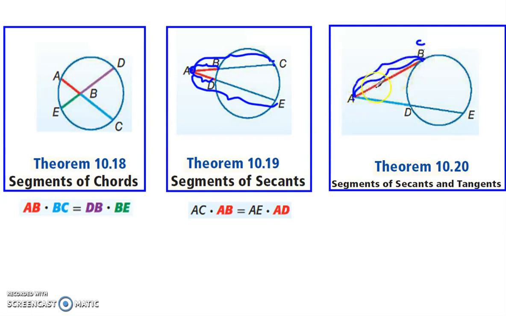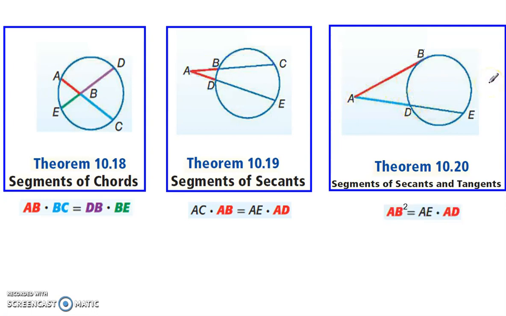So I do AB times AB, so I get AB squared, and then for the secant, I do the same thing, part times whole. So segments of chords, part times part. Segments of secants, part times whole. And tangents is also part times whole, but on the tangent, the part is the whole. So that's why we just take that squared.